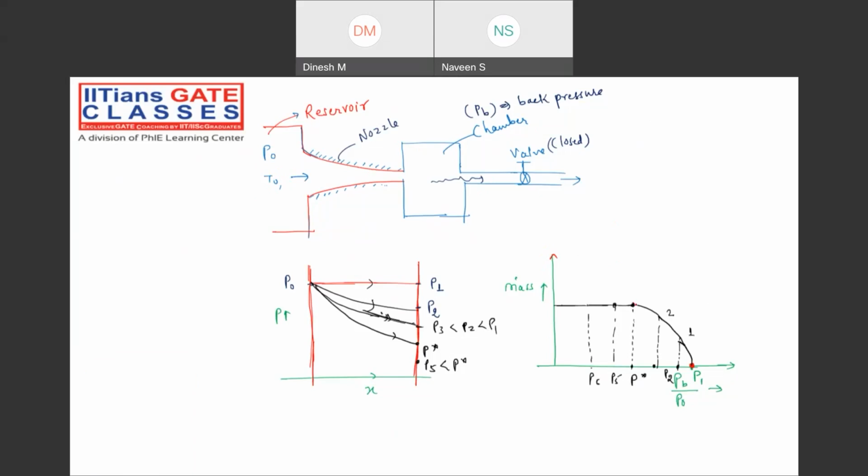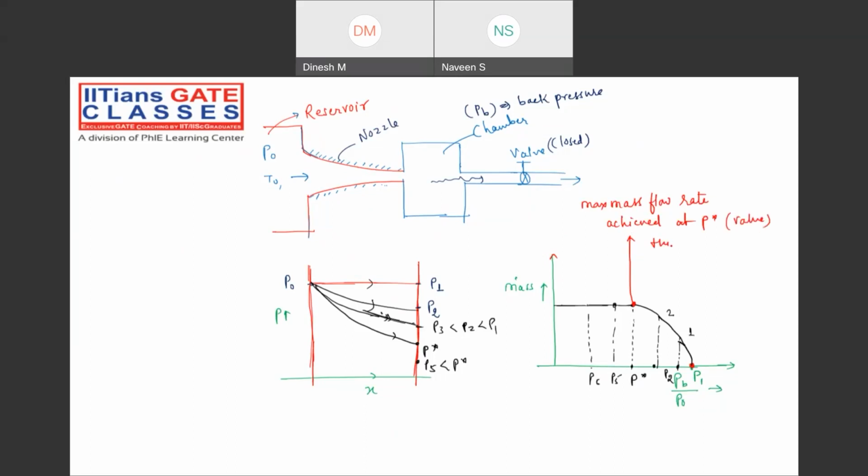So here what will happen? The moment the maximum mass flow rate is reached at this point, we call it the maximum mass flow rate achieved at the P star value.